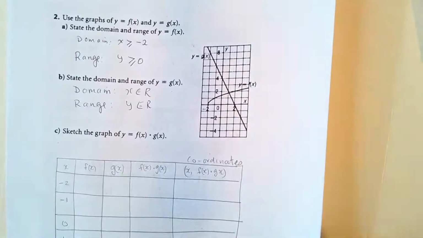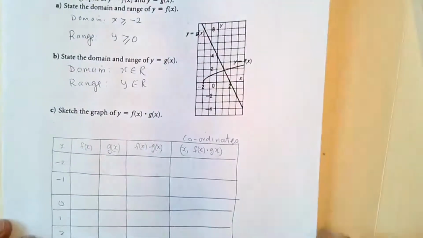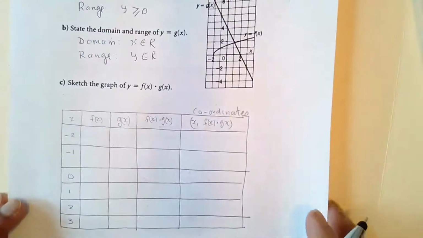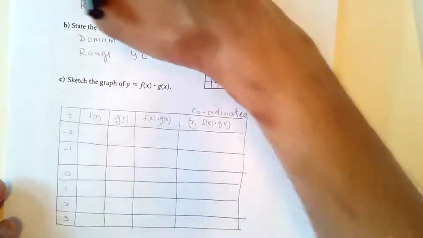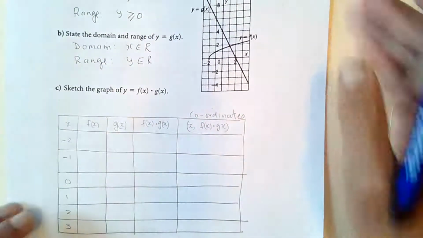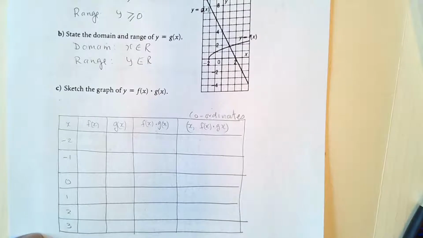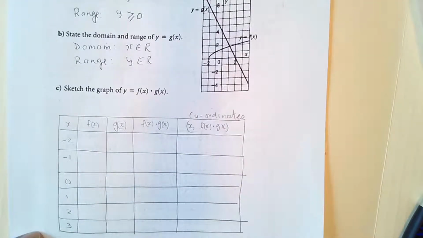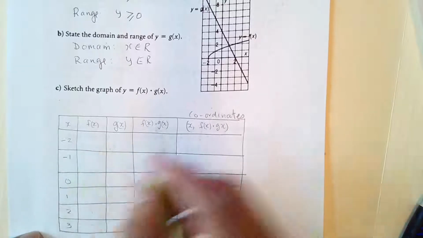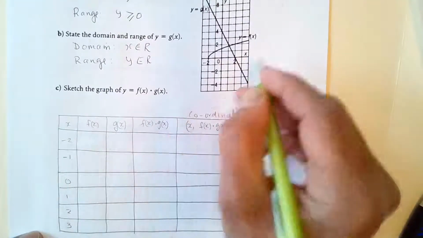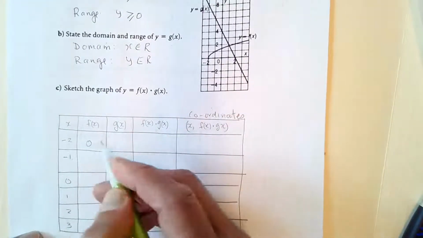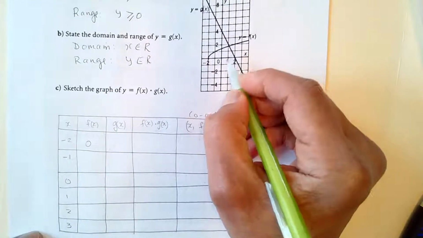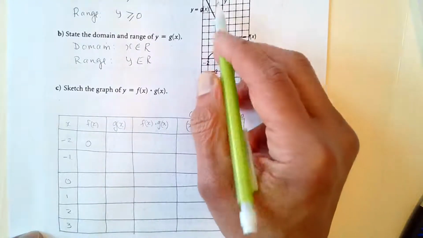Now they ask us to graph the product of these two functions, and I've created a chart, and I've already indicated my reference points. So x is -2, f of x will be 0. g of x would be 8.